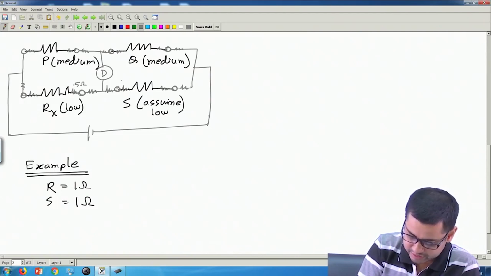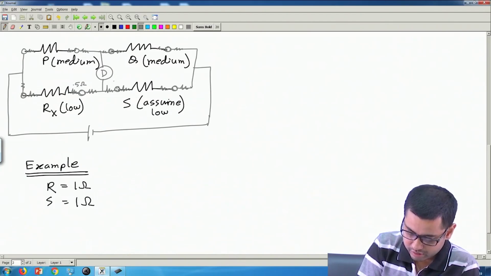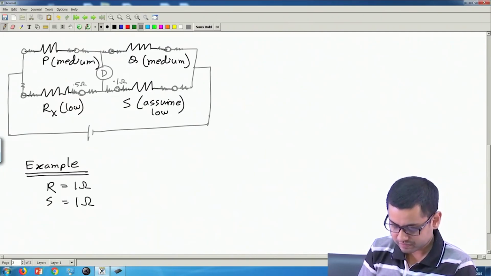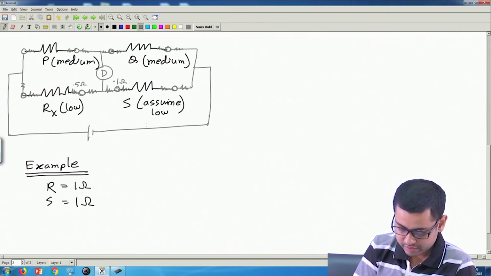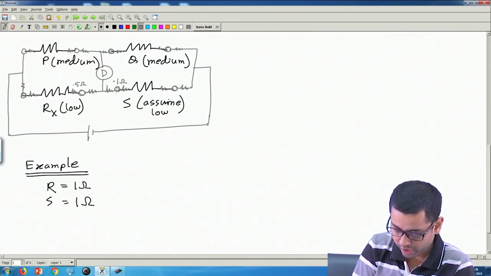So together everything contributes a 0.5 ohm resistance in series with R, and say here we have a 0.1 ohm resistance in series with S. Okay, so this side will have a total resistance of 1.1.